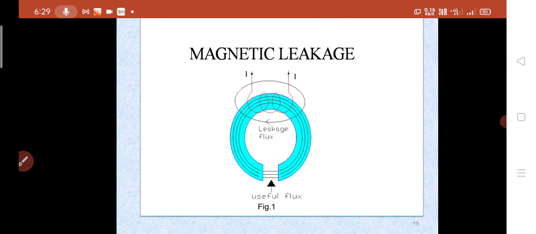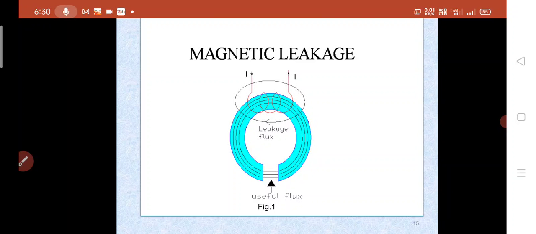And see the diagram. An iron ring wound with a coil of N turns. The total flux produced by the coil does not pass through the air gap, as some of the flux leaks through the air. In electrical machines, leakage flux is undesirable.